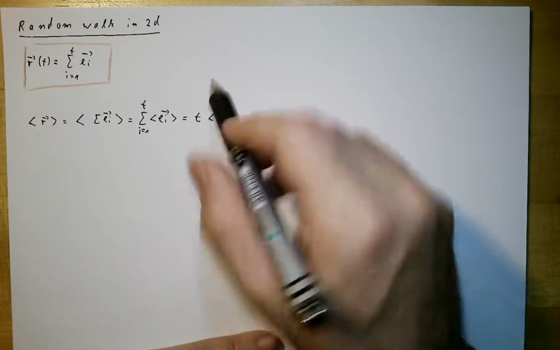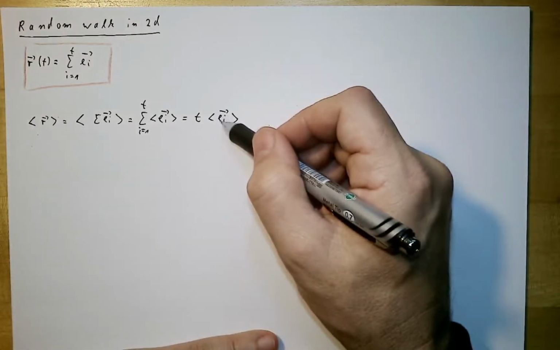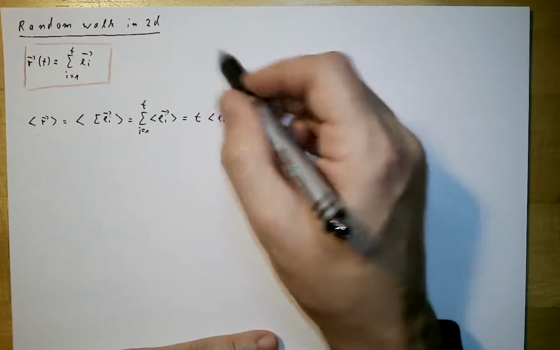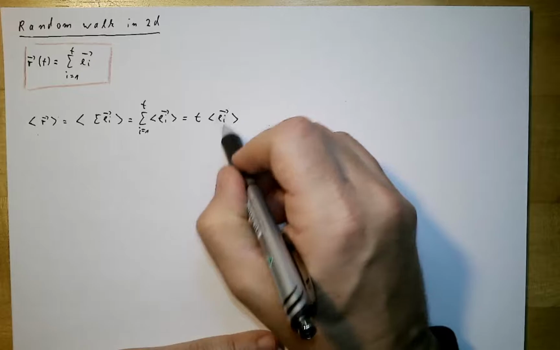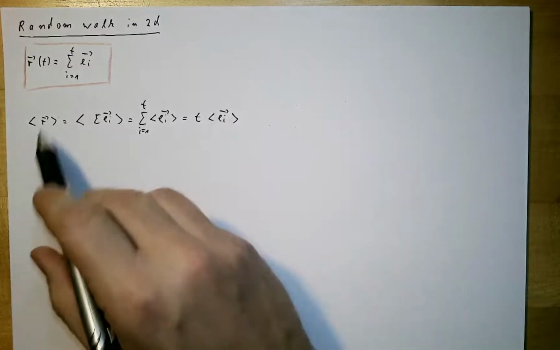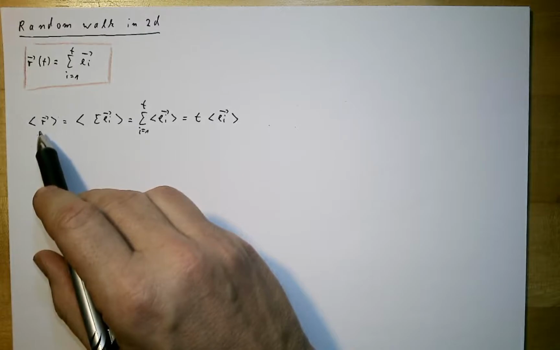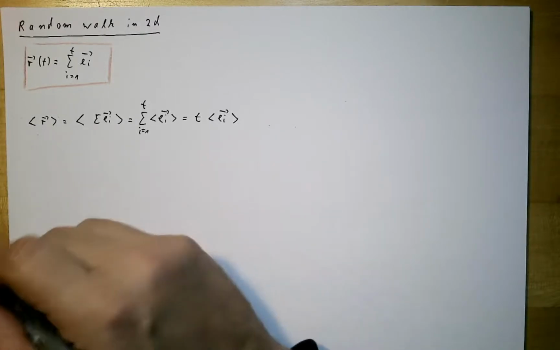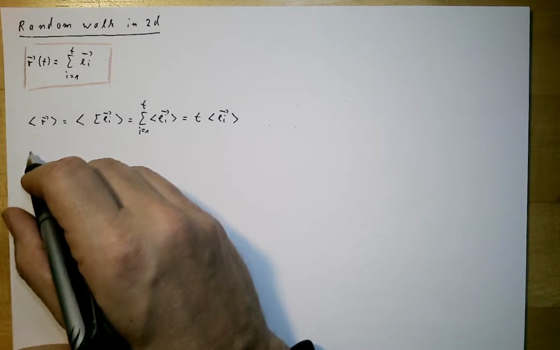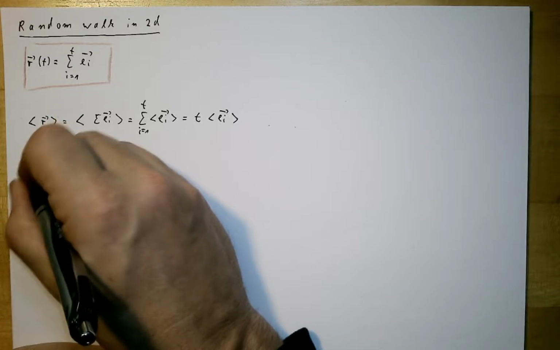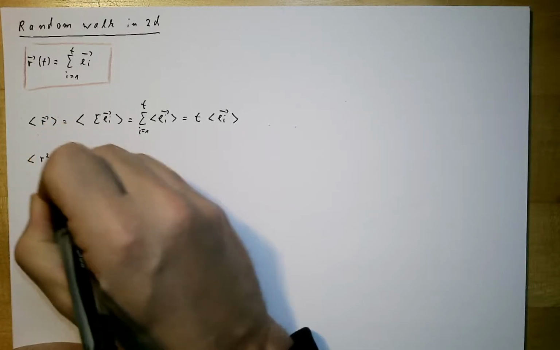And if basically all increments can go in all directions, so that the mean of the increments is 0, then the mean of the position will not move in time. And then we're interested in the deviations from 0, so we're interested in the second moment, r squared.